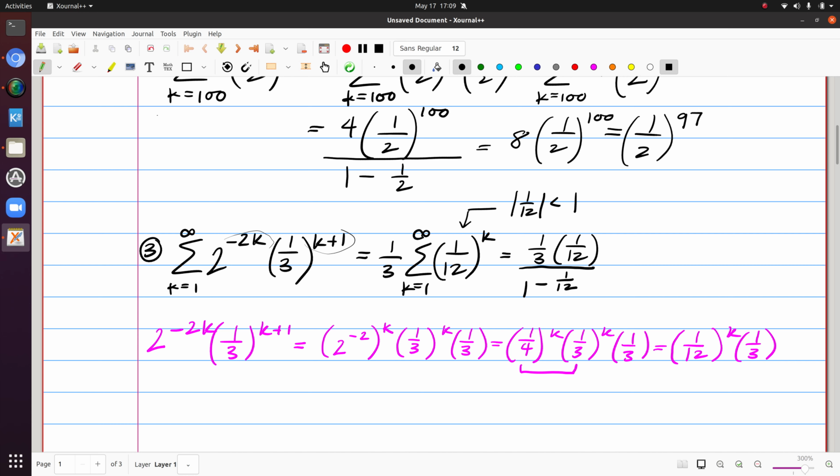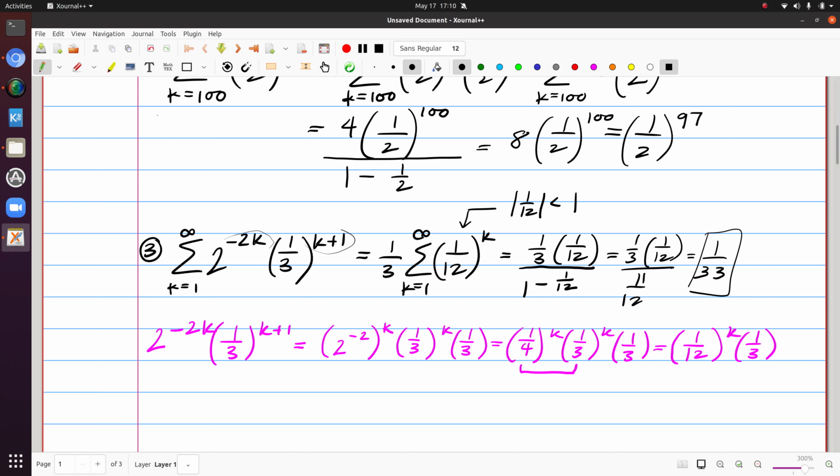And there we get our final answer. So we could write this as 1/3 times 1/12, and this is all over 11/12. So we get 1 over 33.